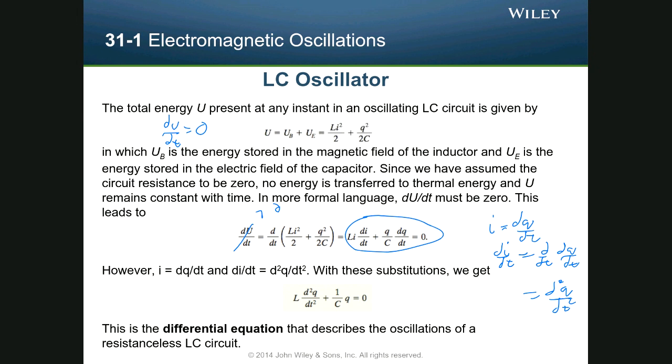Okay? And so plugging this term back in to this term, we get our harmonic oscillator equation for our LC oscillator circuit. Okay? And again, with differential equations like this, the real trick to them is to know the solution.